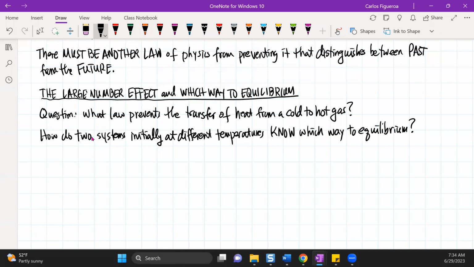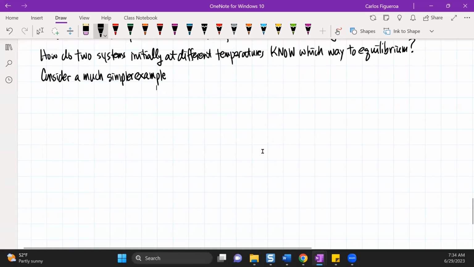It's the same question, just slightly different. So what I'm going to do here is consider a much simpler example. I'm going to go back to the red and green marbles. Let's go back to that example, but it's going to be slightly different here.